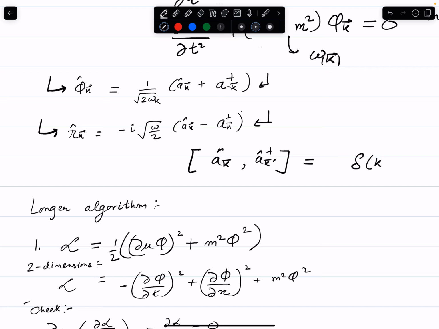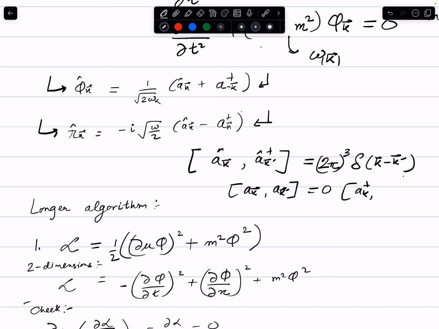This is how I was writing till last time, because this is again a continuous index, but I was cavalier about conventions, and so from now on we will follow this convention where there is a (2π)^3 over here. Okay, this depends on how we define our Fourier transforms, and the way we are defining it we have to use this (2π)^3 here. This just comes from using a certain convention, and all the other commutators are 0. [a_k, a_k'] is 0, and similarly for daggers, [a_k^†, a_k'^†] is 0.